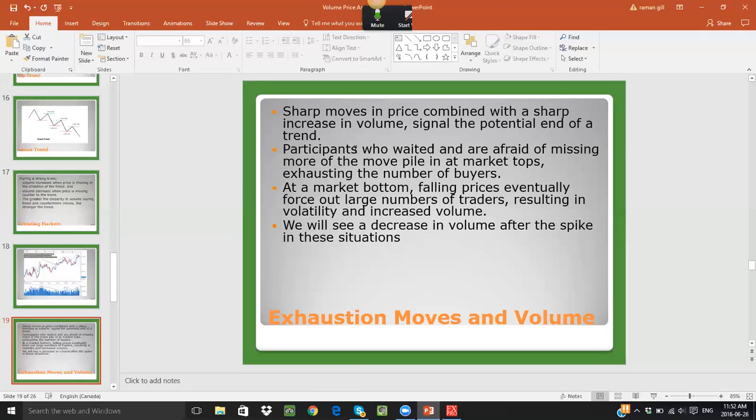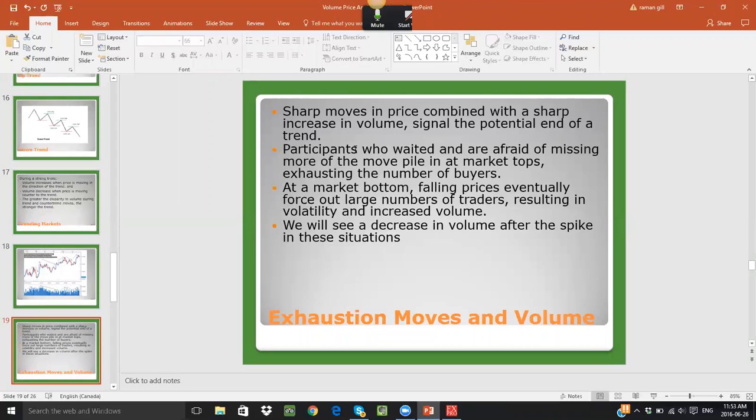But then the next bar will be either a different color, or neutral volume, or decreasing volume, which means that there's no follow through. So if you see a sharp increase in volume and a sharp increase in price, but no follow through, meaning the volume starts to decrease, that means the market is getting exhausted.